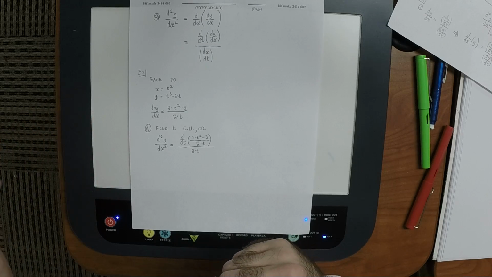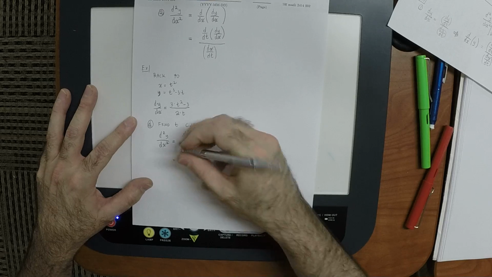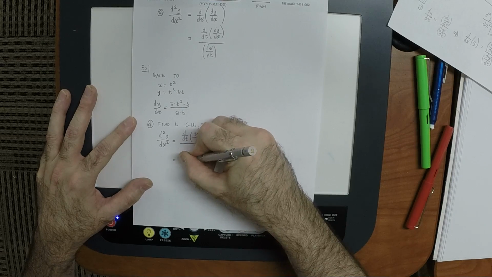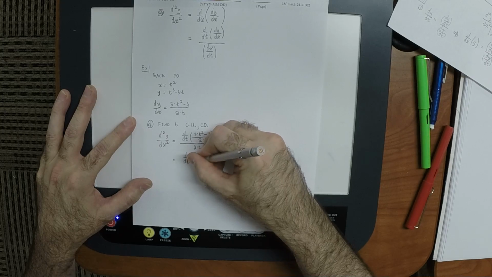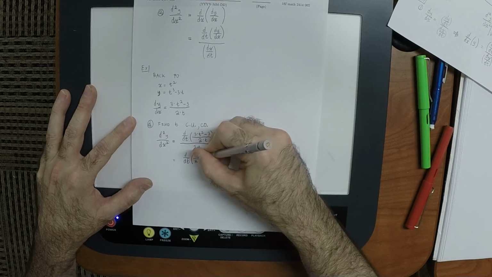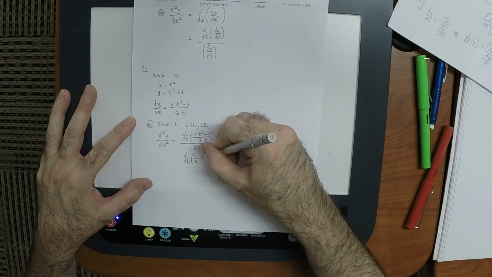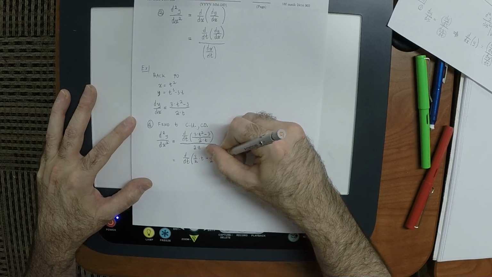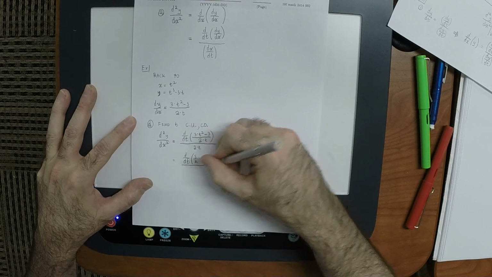So I'm going to perform some algebraic simplifications first, right? So before I calculate the derivative, I could divide that in and say that this is 3/2 t, and then minus 3/2 t to negative 1 over 2t.